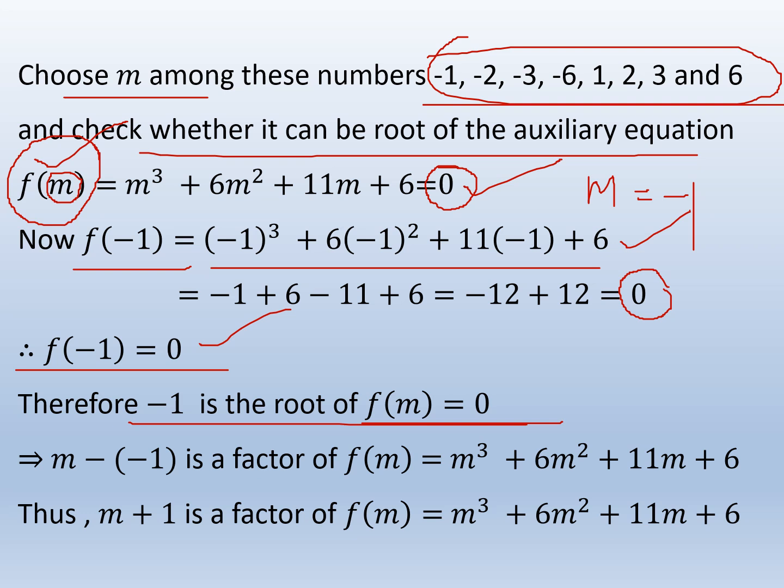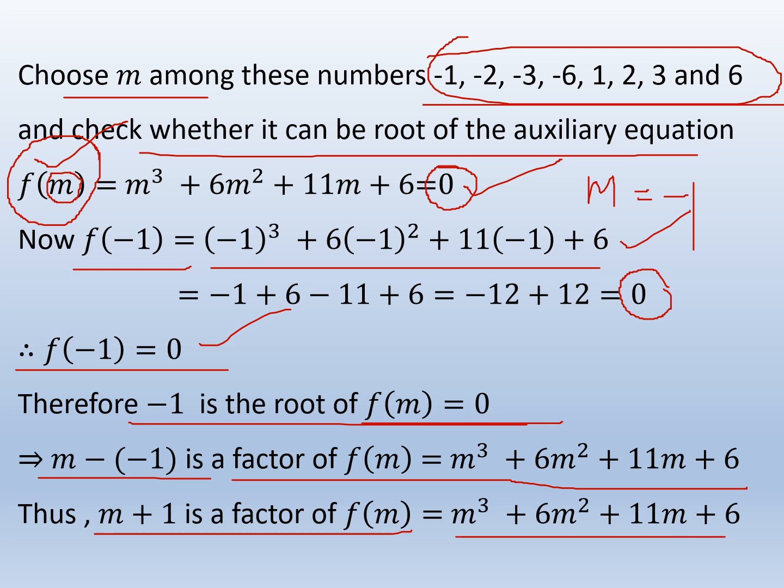Thus, we have m minus of minus 1 is a factor of the polynomial m cube plus 6 times m square plus 11 times m plus 6. Therefore, we have m plus 1 is a factor of the polynomial m cube plus 6 times m square plus 11 times m plus 6.